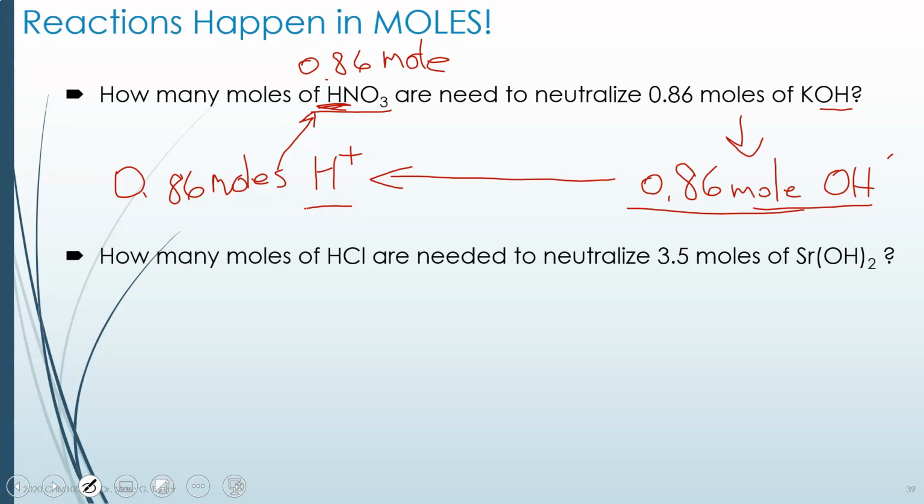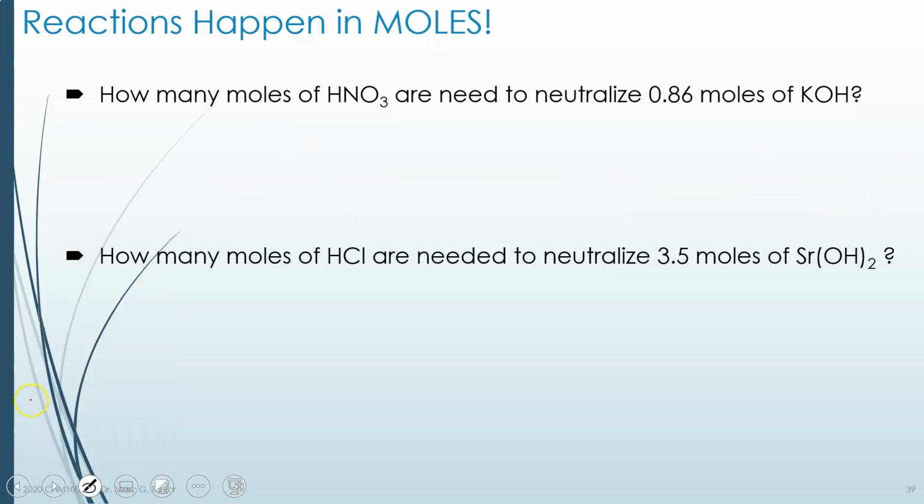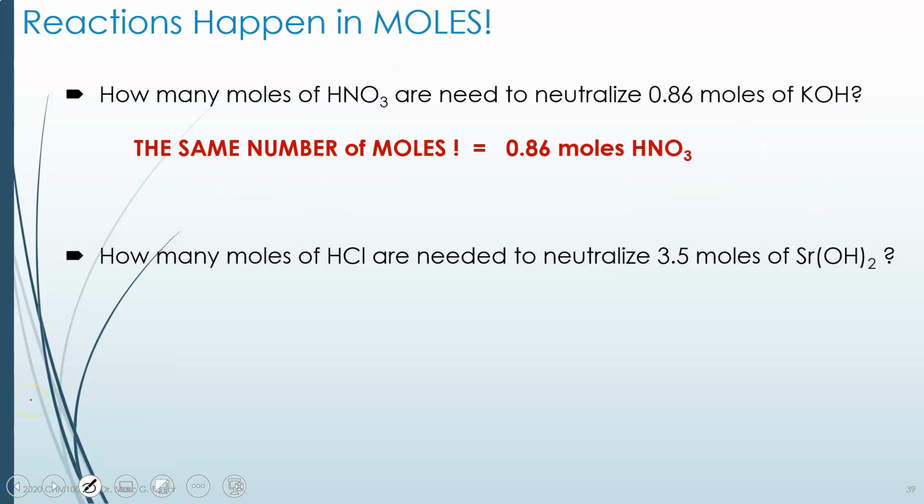So this is a very simple equation. You can actually do this in your head and realize that they have to be exactly the same because they both release 1 of their ions, 1 proton from each acid, 1 hydroxide from each base. If we have 0.86 moles of base, we have 0.86 moles of hydroxide, and therefore we need 0.86 moles of acid, from 0.86 moles of nitric acid.